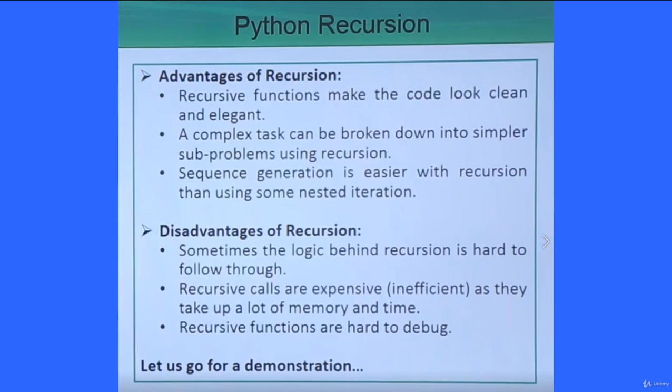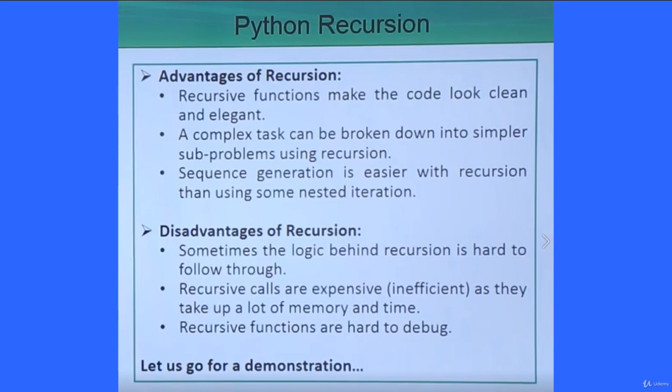With fewer lines of code, programmers will feel comfortable writing a function in a recursive version. A complex task can be broken down into simpler subprograms using recursion. Sequence generation is easier with recursion than using nested iterations.